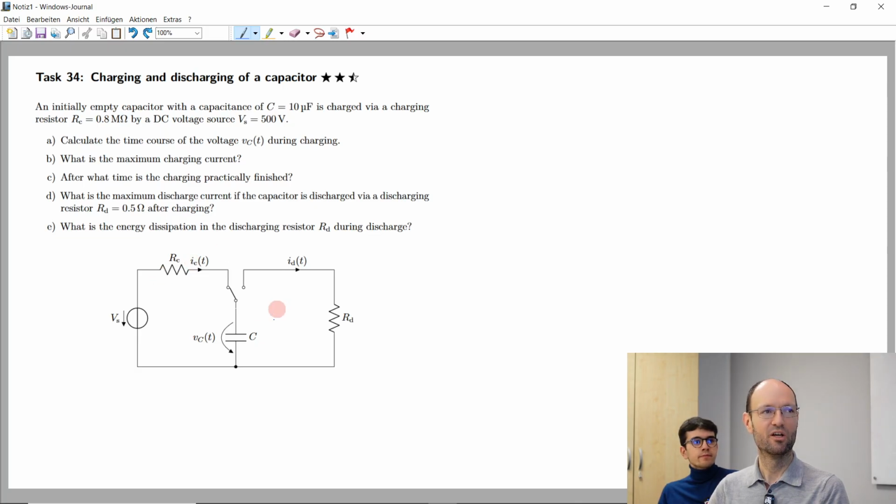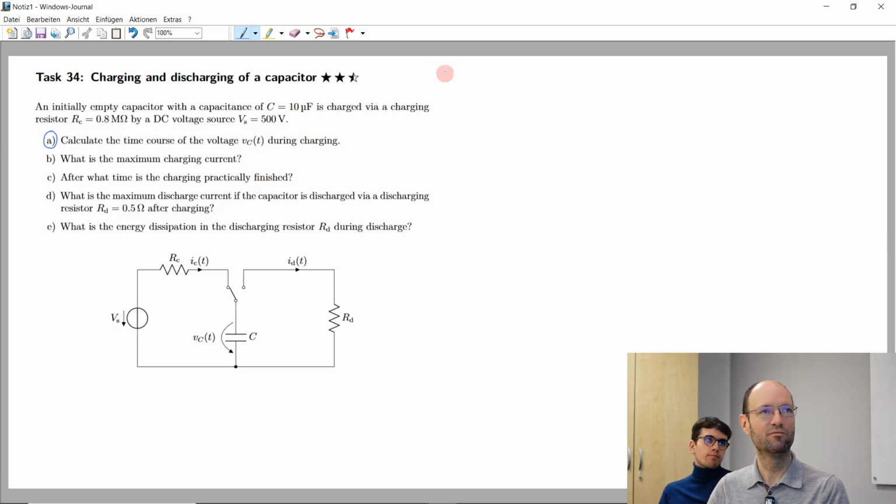The circuit is not that complicated from an electrical engineering point of view, and from a mathematical point of view it's also not super complicated, but it's more challenging than what we have done before, because already in task A, what we need to solve here is some differential equation. And so what this is and how this looks like and so on, we will see. So let's start with subtask A.